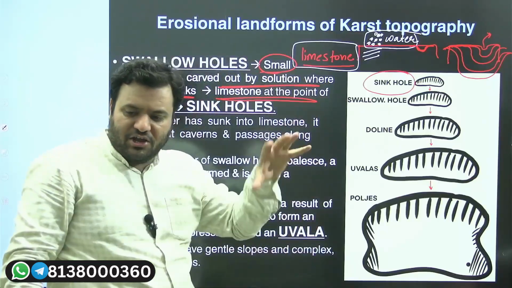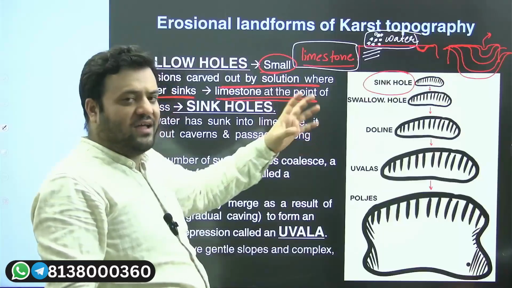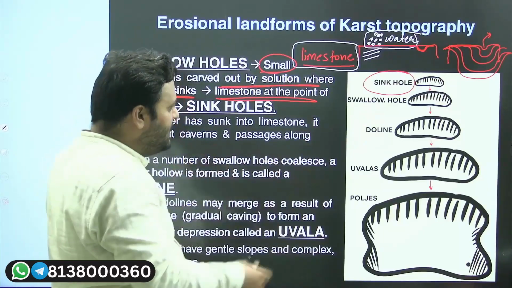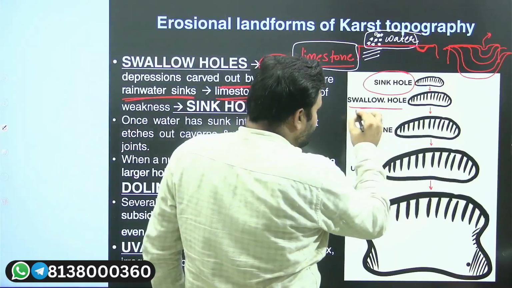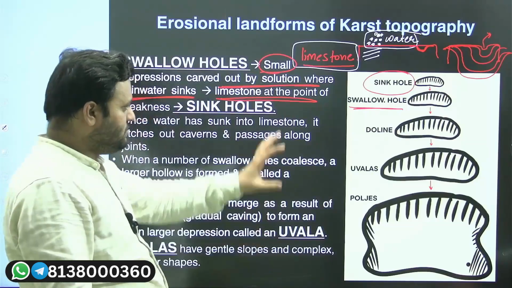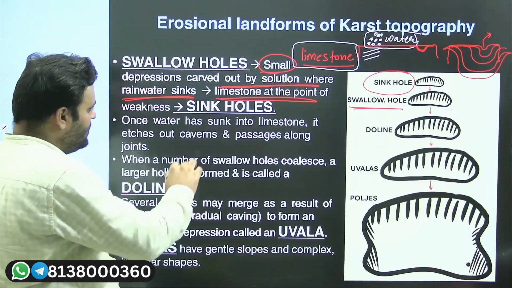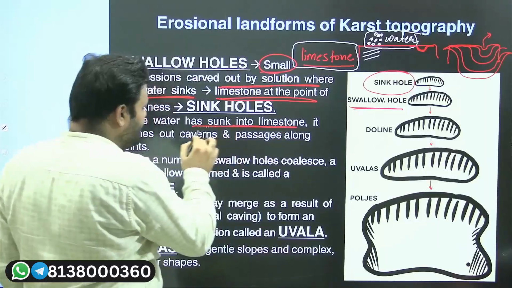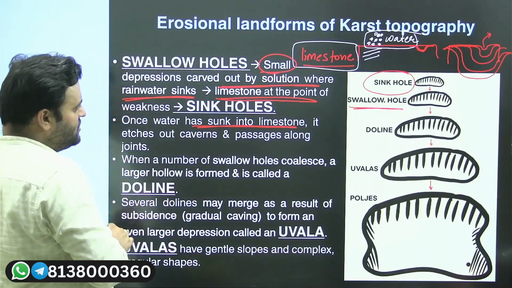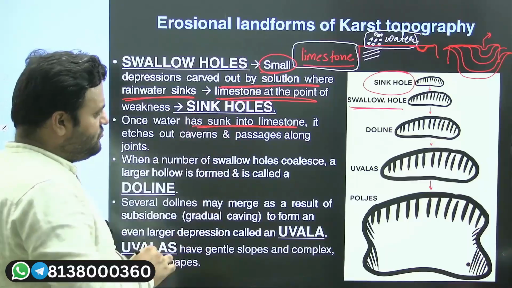Now if there is continuous water action, the sinkhole will widen further, and when it becomes wider, it will be called a swallow hole. When the water continuously sinks, it will lead to the formation of swallow holes.